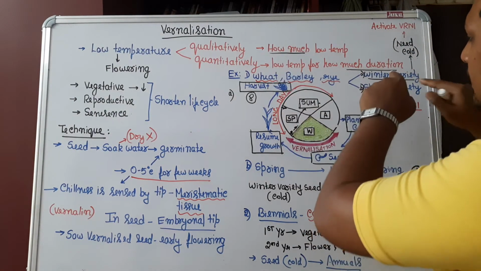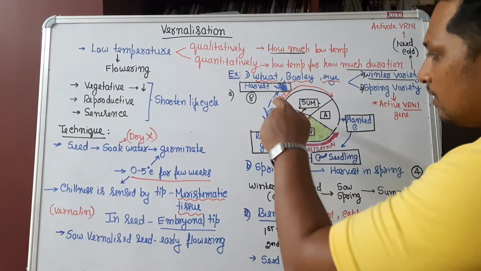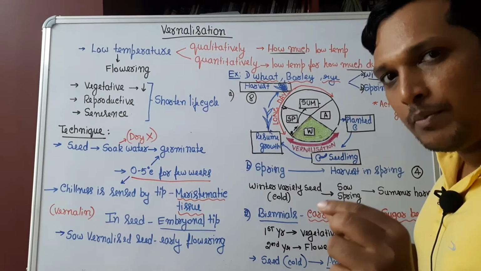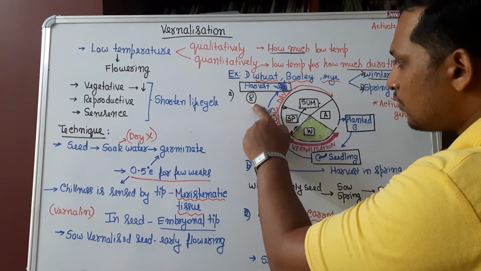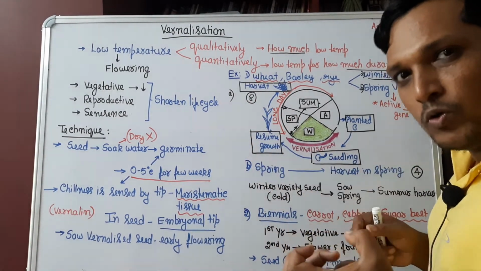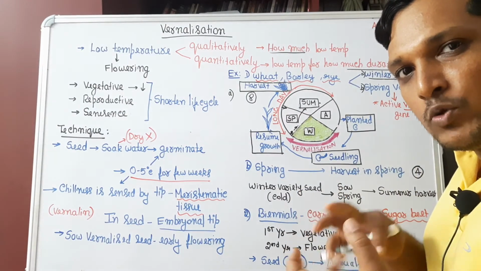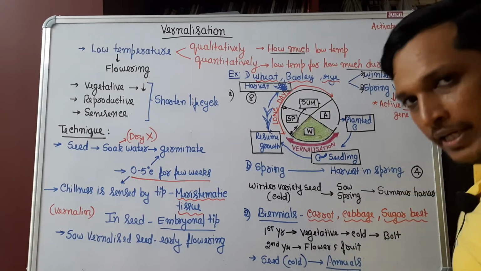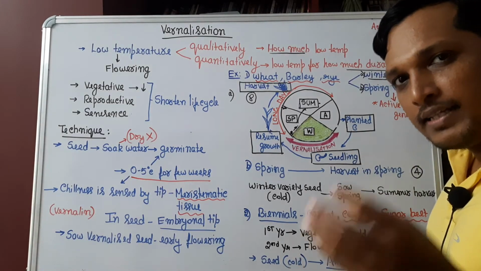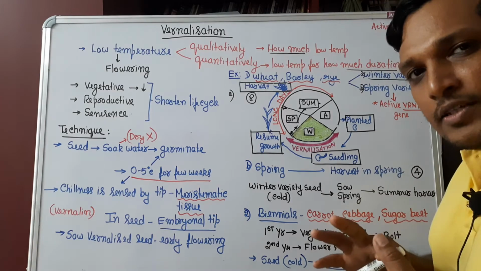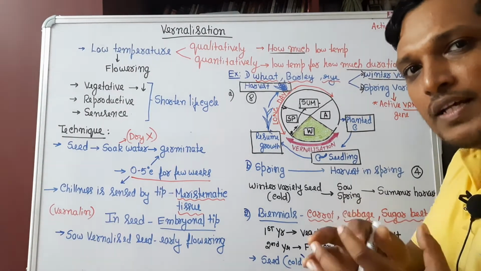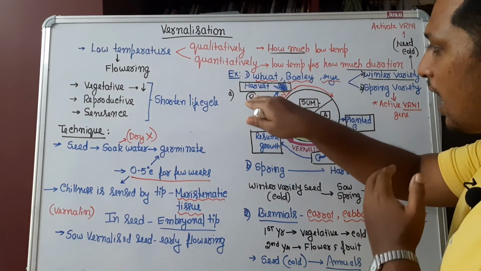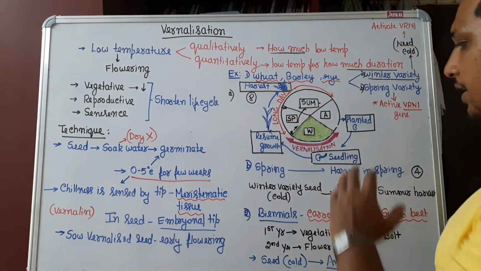If you consider the protein present in wheat, the gluten protein, in the winter variety which is grown for 8 months, there will be more gluten, hence it can be used to make noodles and the like. Whereas the spring variety wheat, which is obtained in 4 months, has less gluten, so it is used to make softer items like pastries. So that is the difference. Hence if you want hard wheat, you have to go for the winter variety.